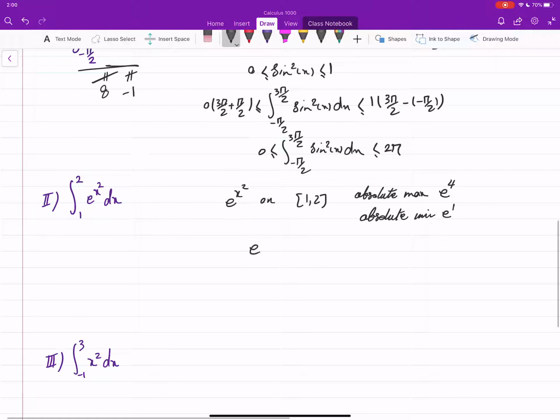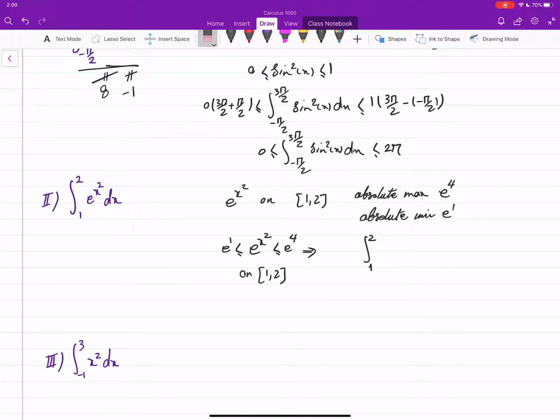So e to the power x squared is between e to the power 1 and e to the power 4 on the interval 1, 2.